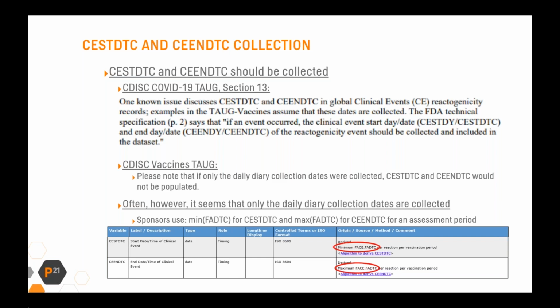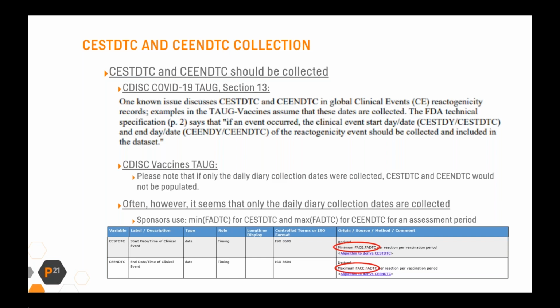Not every sponsor is doing that. A lot of sponsors do have a way that, if an assessment occurred, then it does trigger new fields that would collect the start and end dates, and then those would get mapped to CE start date. But if you don't have that, it seems like a better idea than leaving those start and end dates blank would be to use the minimum FADTC and maximum FADTC.